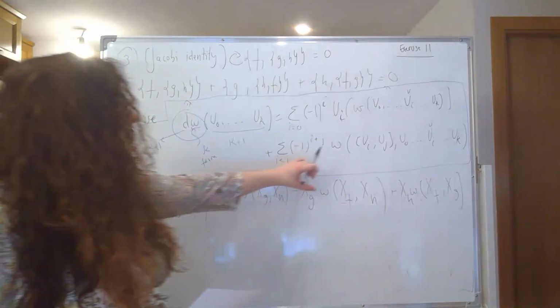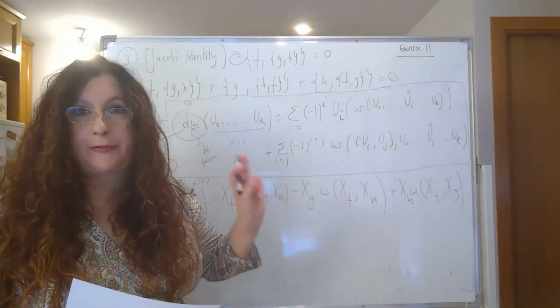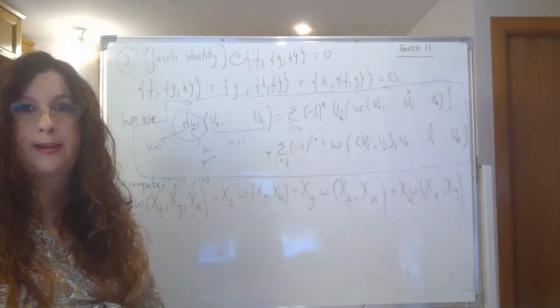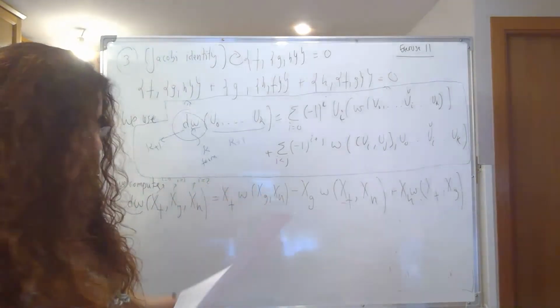All right, and now I have to add more terms here. I'll have three of them, because I have the condition that I is smaller than j. So I can only have three.